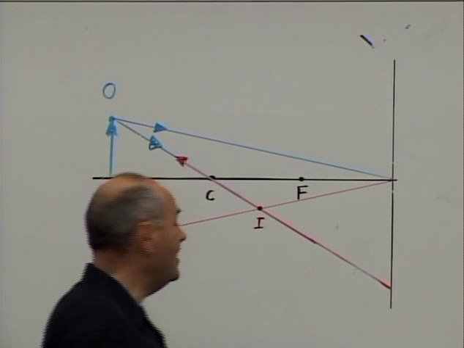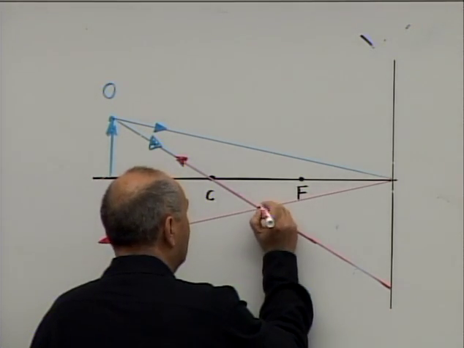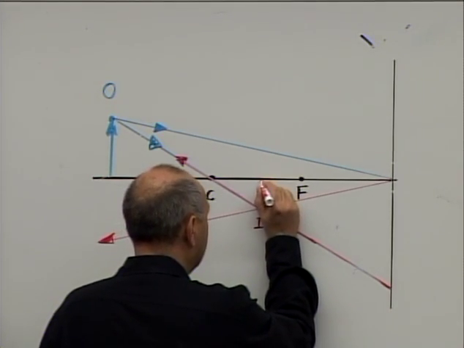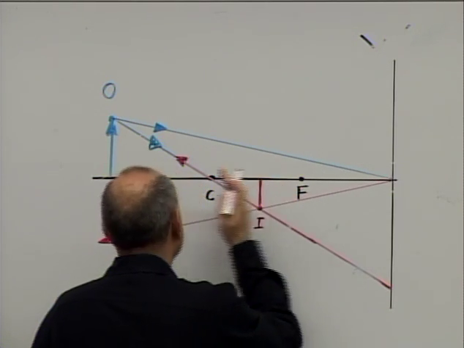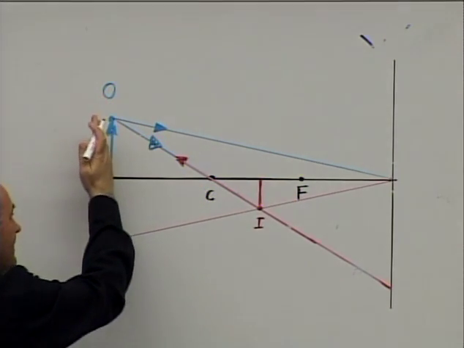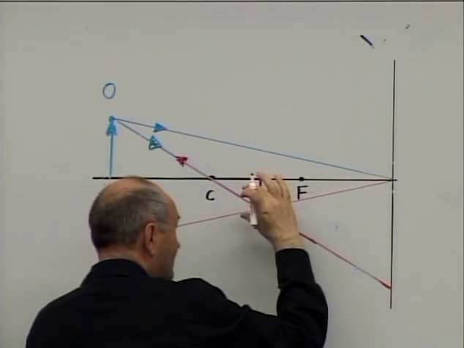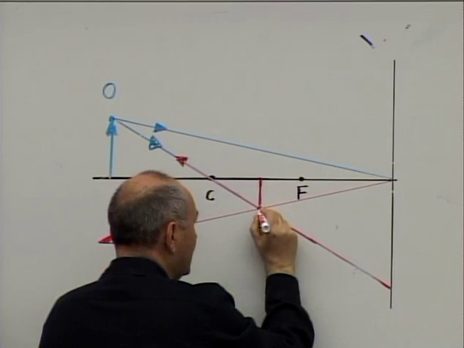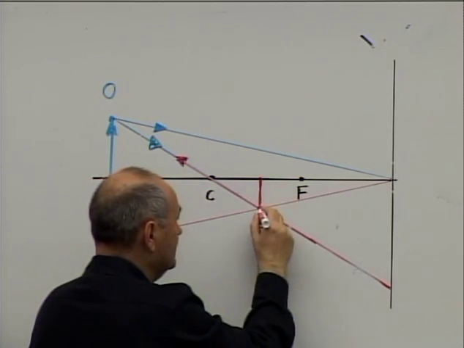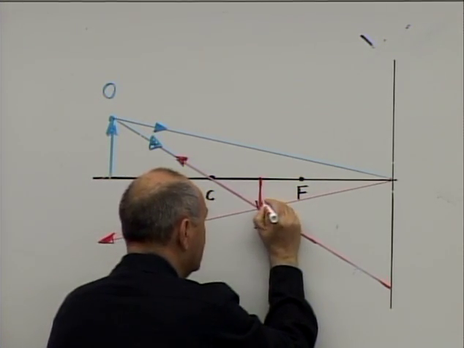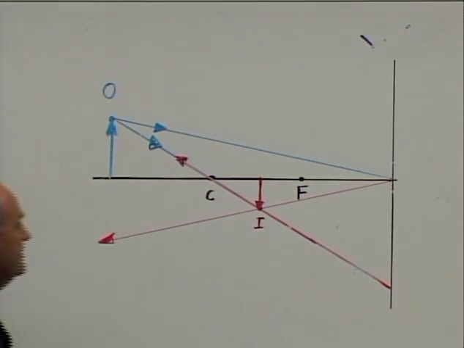But if you find just one, it's enough. The plane of the image of this object is going to be between the projection of that image point on the principal axis and that image point. So here we are going to have the image.